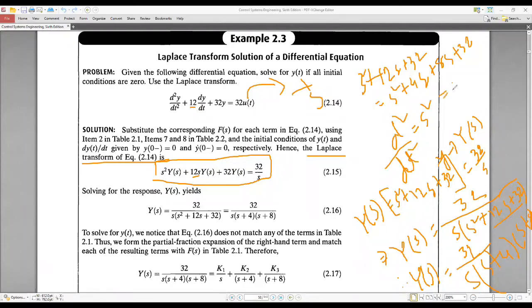Now take s common from the first two terms, s plus 4, plus 8 common from the others, s plus 4. So it would be (s plus 4) and (s plus 8). So they did this.